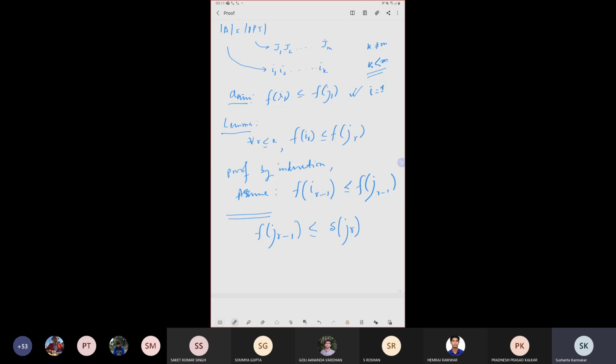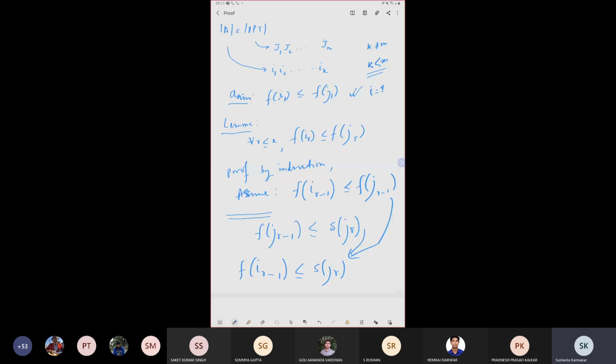So if I join these two inequalities, then obviously I can write that f of I R minus 1 is less or equal to S of JR. Okay. You agree with this? Right.